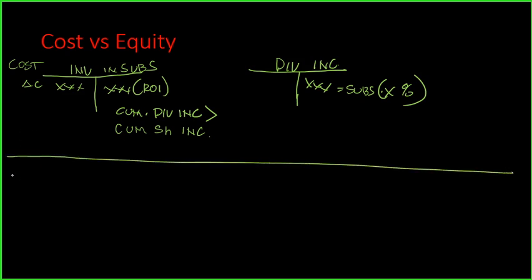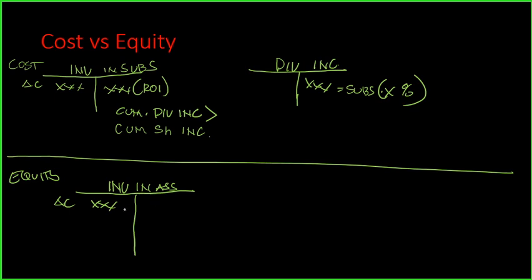Now, for your equity method, let's try to summarize that. Okay, in your equity method, you have here your investment account, the investment in associates. Initially, you will have your acquisition cost.